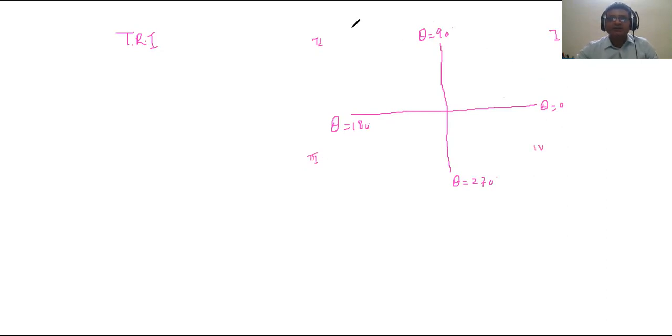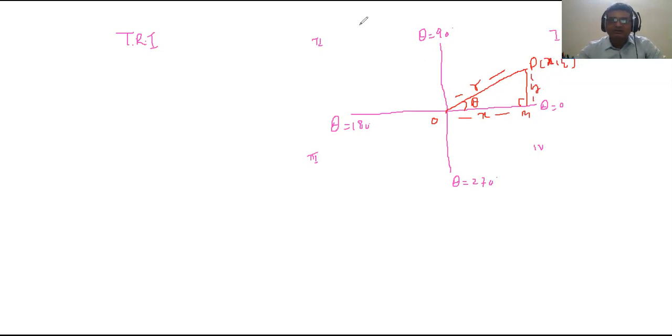Now, we are taking a triangle here. At this point is P, say (x, y), and let this angle be theta, and this distance is going to be r. And this is going to be m, which is automatically equal to x, as you can see, and this will be equal to y.